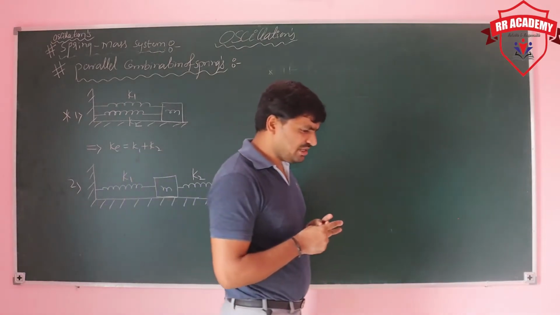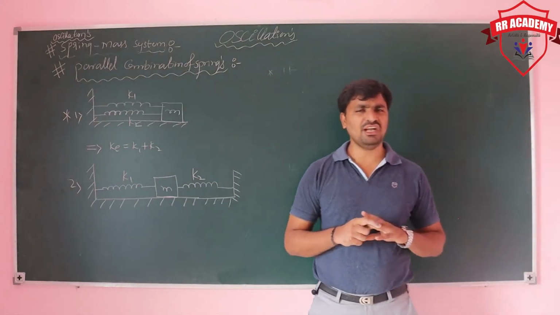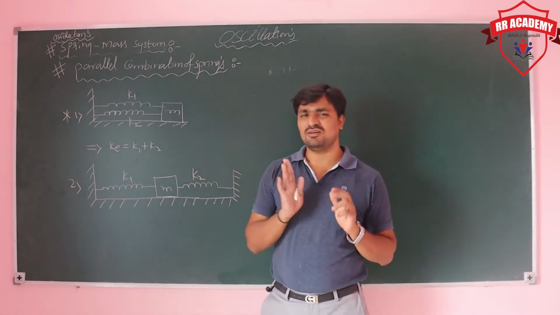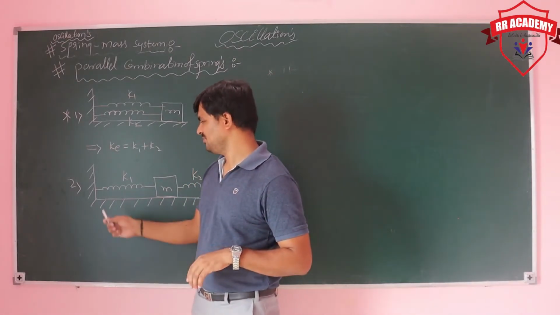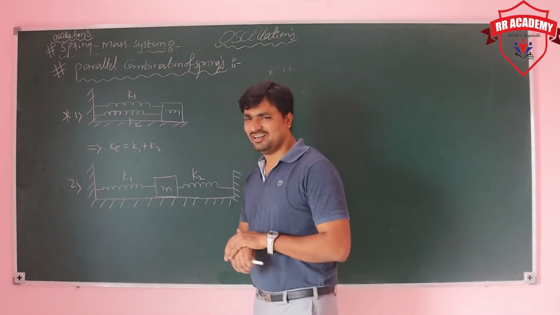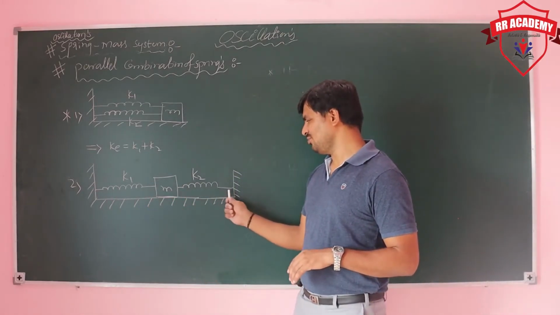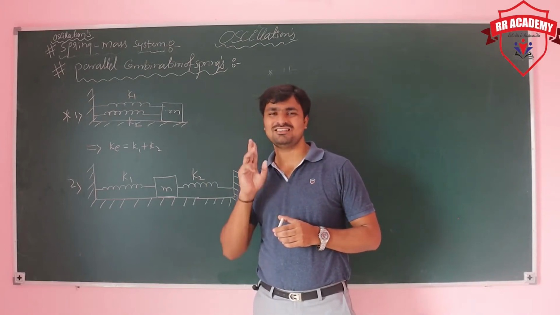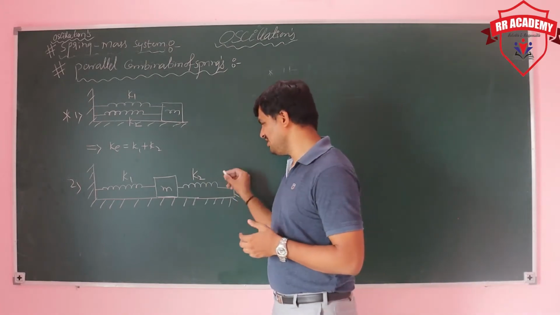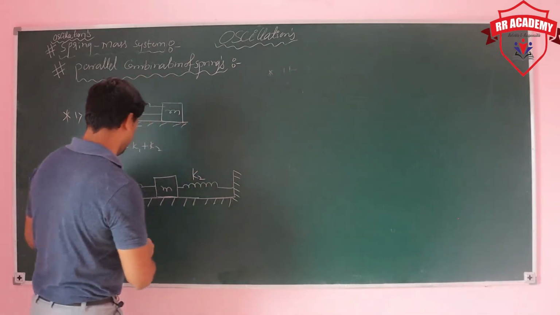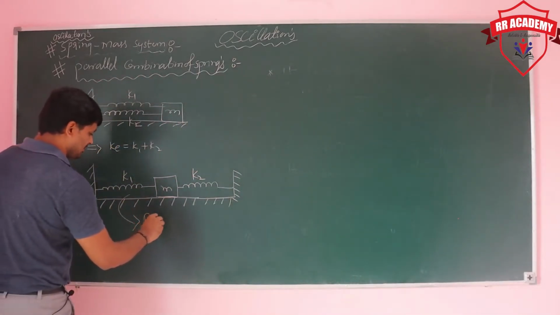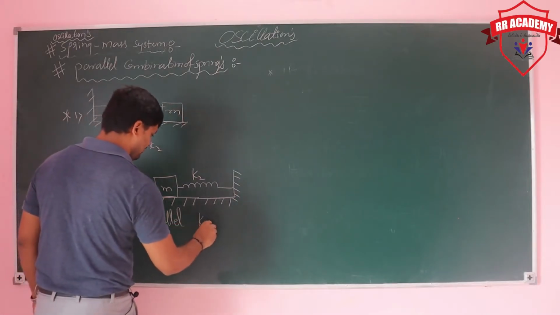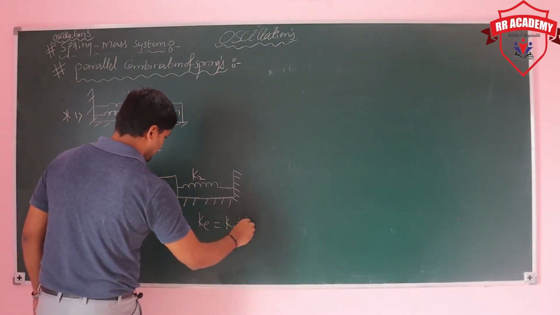Parallel combination means compulsorily every end of the spring is connected to a rigid support. See here, first spring, rigid support, another end to the body; rigid support, another end to the body. Nothing but the combination is parallel. Parallel combination means the effective value of k is k1 plus k2.